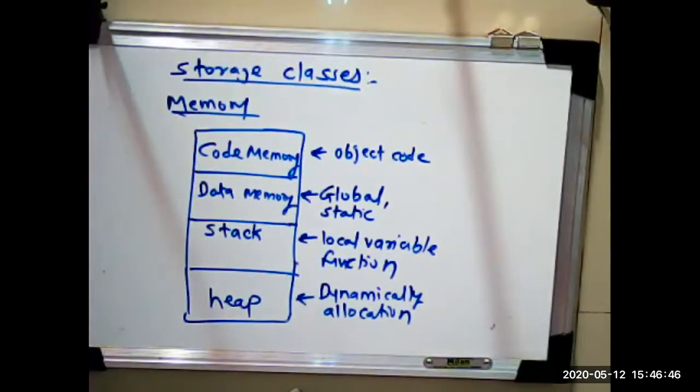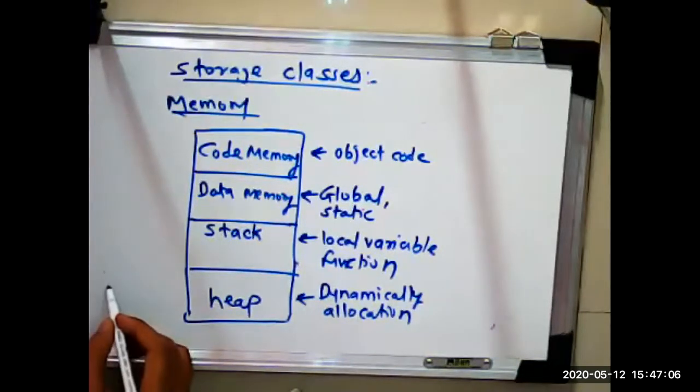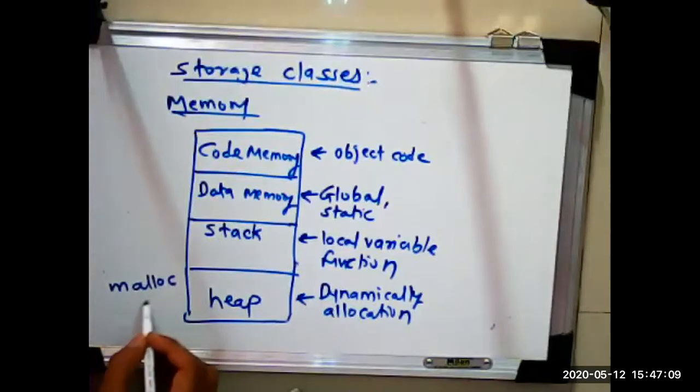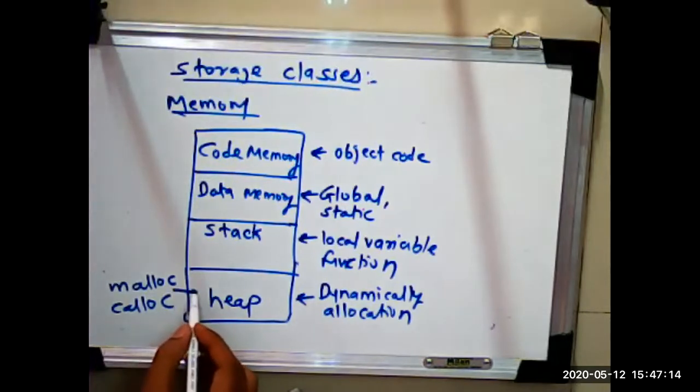At compilation you don't know how much memory you require, but while running your program you suddenly require this much memory. The memory allocated dynamically is stored in your heap memory. Generally, if you allocate memory by using the malloc or calloc function, the memory is allocated in your heap memory. We will see in a one-hour lecture how dynamic allocation is done.